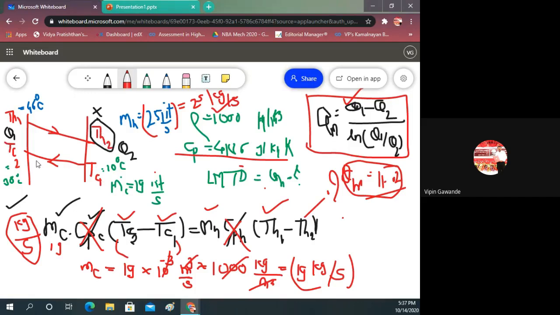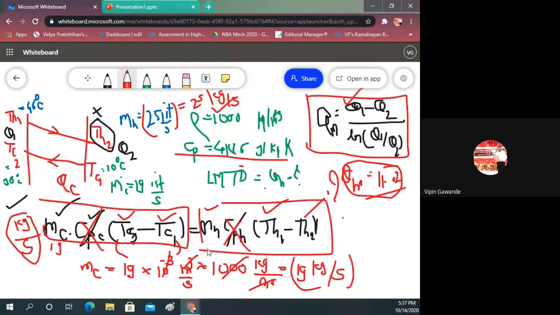Always remember, while calculating these four quantities, you use the Q formula, the heat balance formula. This term is our QC, and this term is our QH. So what I have done, I have made the heat balance. So cold fluid: MC CPC (TC2 minus TC1), and this is hot fluid: MH CPH (TH1 minus TH2).